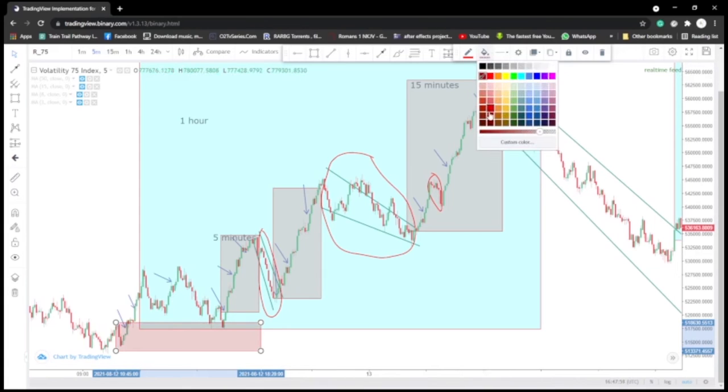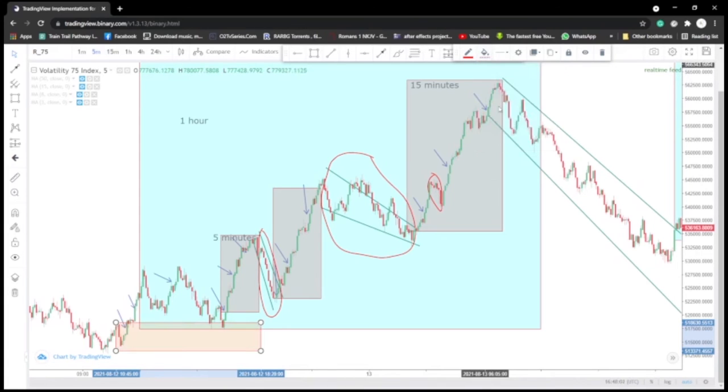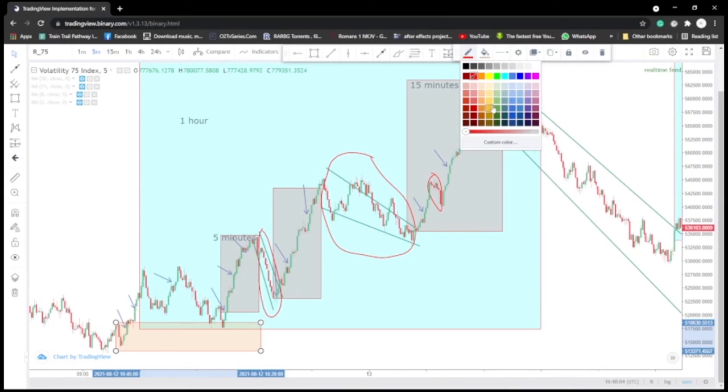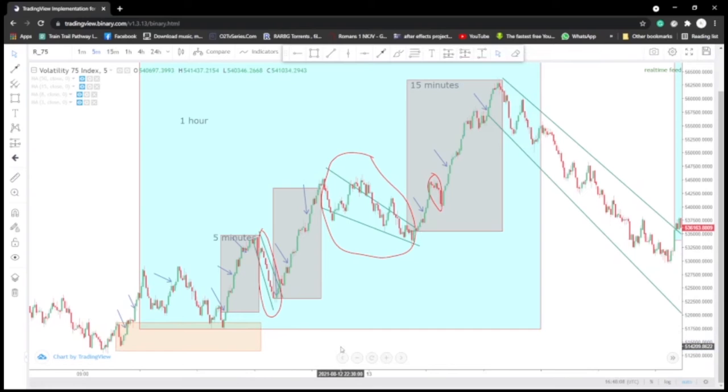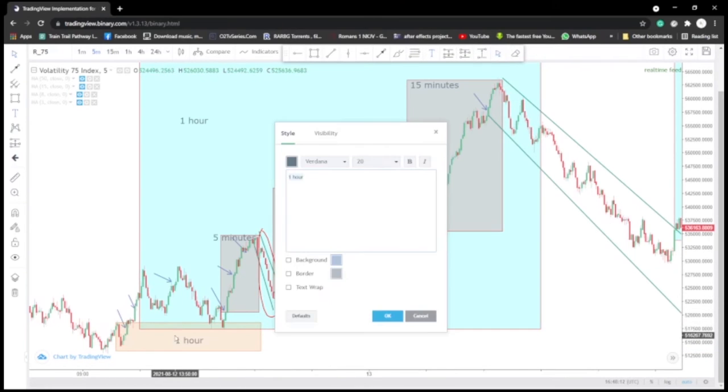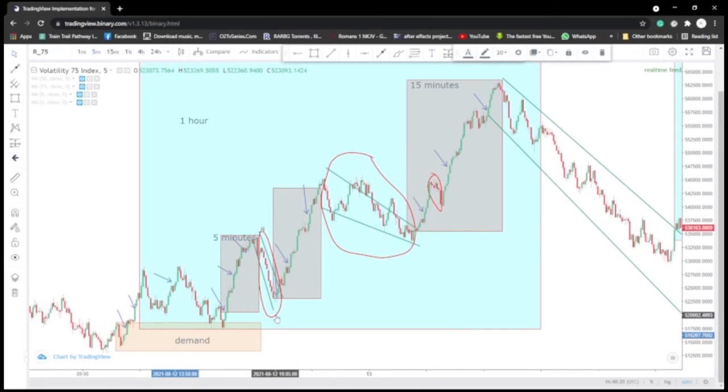No, it's still similar to orange. Yeah, I guess. So let's take this as our demand. We're not actually taking it. It is our demand to push the market up. So this is our demand, guys.